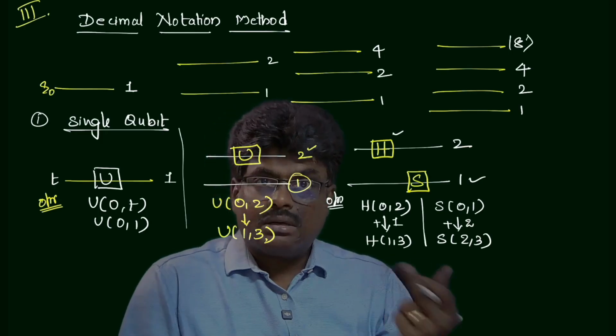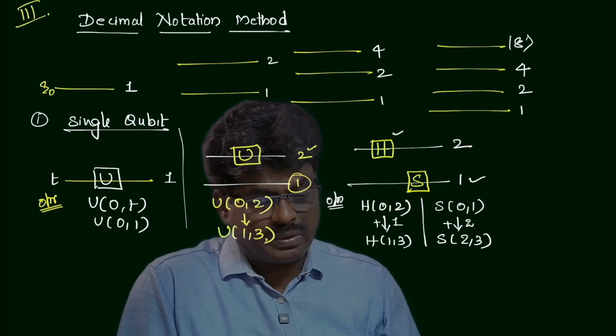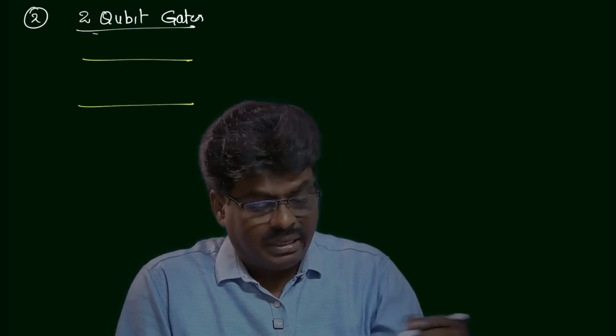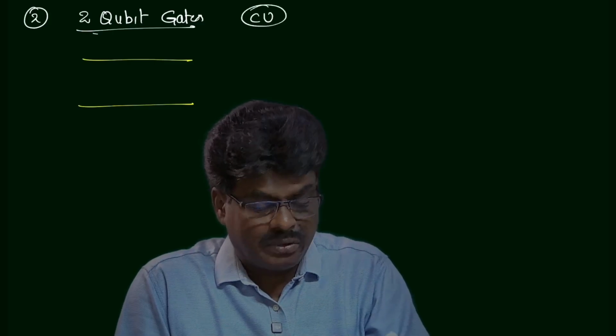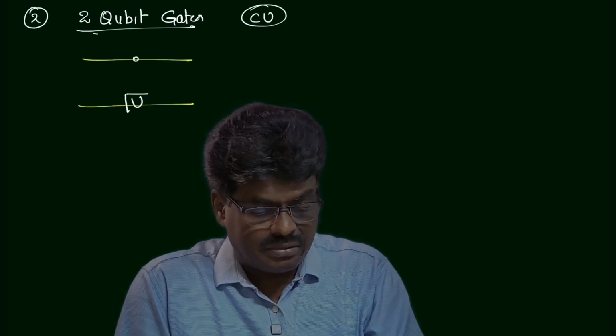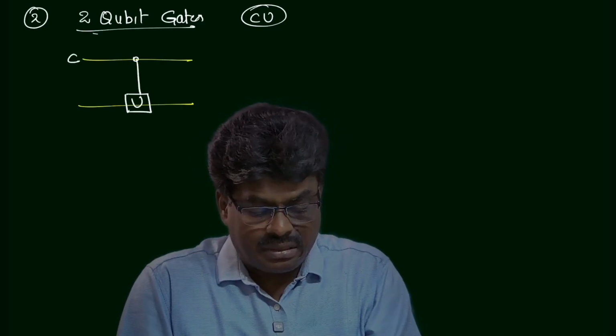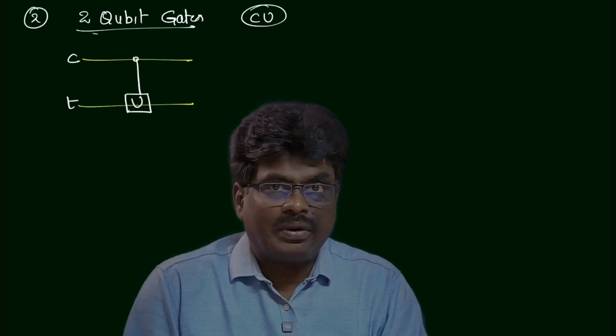And 2 qubit gates also I explained. Let me give that example also. 2 qubit gates. So for example, here we have 2 qubits and I'm taking a control U. So this is the unitary U and this one is the control U. This is C and this is the target.